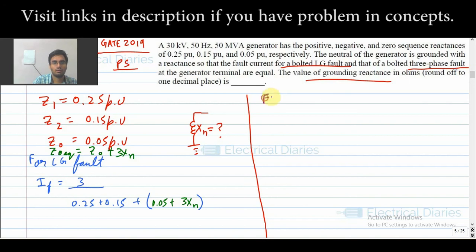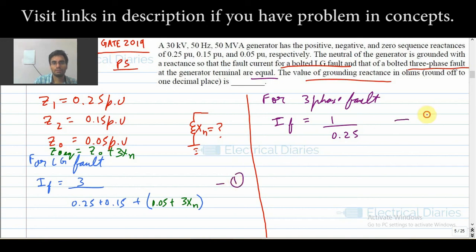Now for three-phase fault, your fault current will be equal to E, that is 1 per unit, divided by the positive sequence reactance, that is 0.25. So this IF and the IF due to LG fault are equal as given in the question. Let me mark this 1, this is 2.